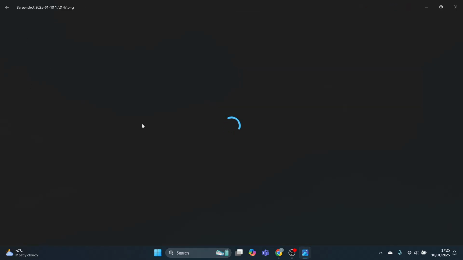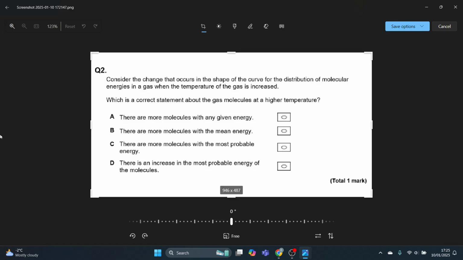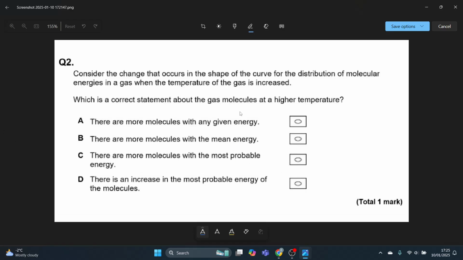Question 2. Consider the change that occurs in the shape of the curve for the distribution of molecular energies in the gas when the temperature of the gas is increased. Which is a correct statement about the gas molecules at a high temperature? There are more molecules with any given energy. There are more molecules with the mean energy. There are more molecules with the most probable energy. There's an increase in the most probable energy of the molecules.